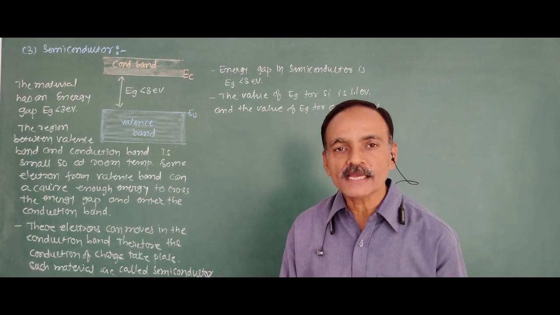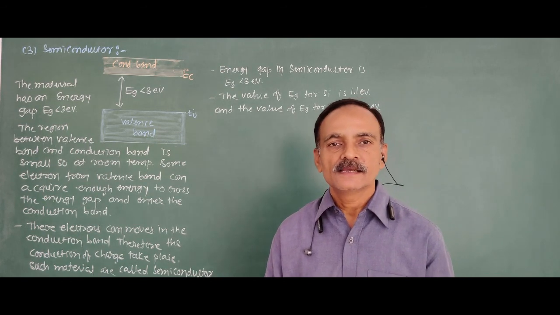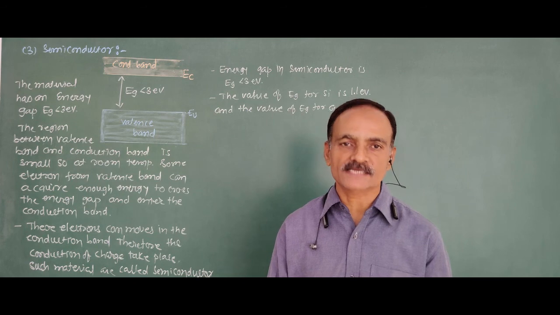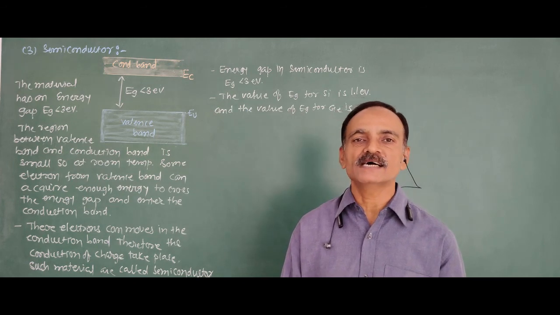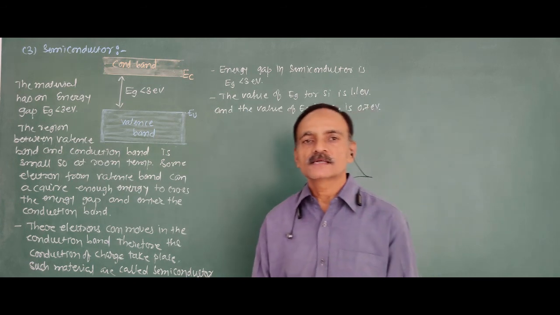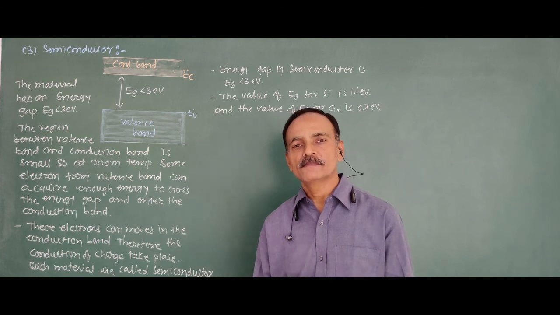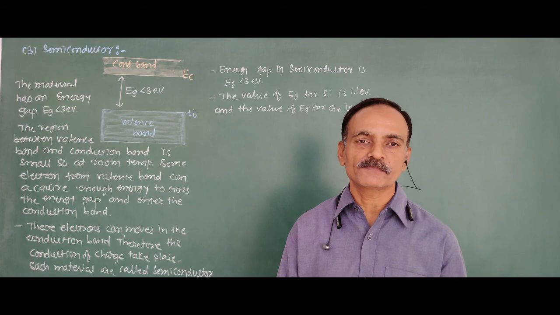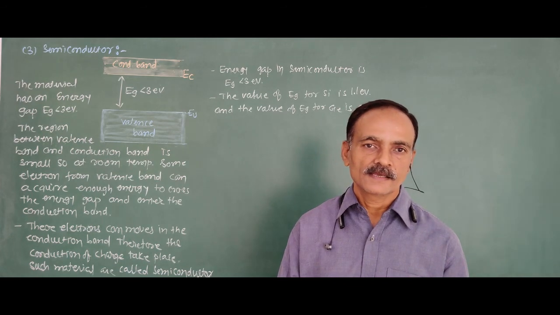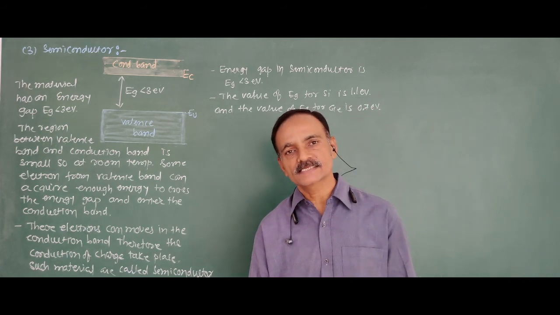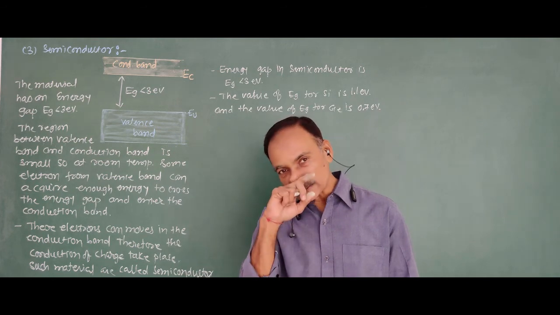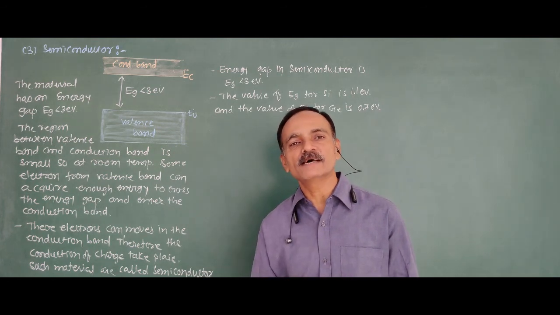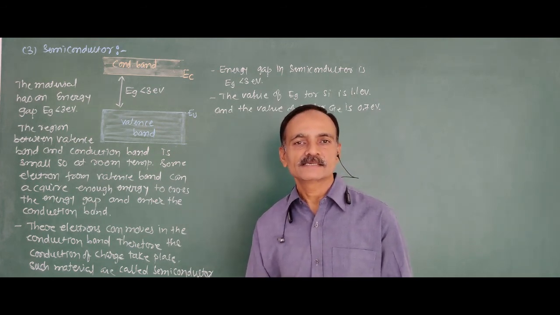That means at 0 Kelvin temperature, in a silicon or germanium crystal, the free electrons are 0. Therefore, silicon and germanium act as a perfect insulator at 0 Kelvin temperature. As the temperature increases, thermal oscillation of silicon and germanium takes place.